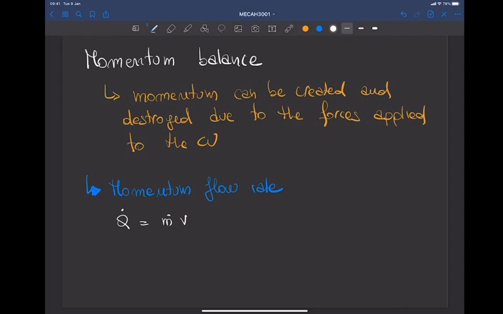So this balance that we are going to write here is not a scalar balance, but a vector balance. And so this is a vectorial quantity because the velocity is a vector, and this generation of forces must account for the vectorial nature of V. So in other words, we can also write this as rho V squared times S, where in this case V is the module of the vector.